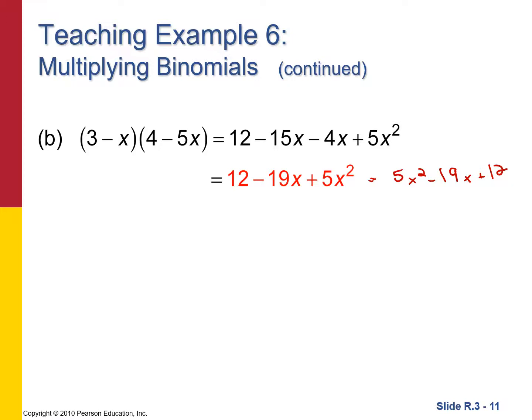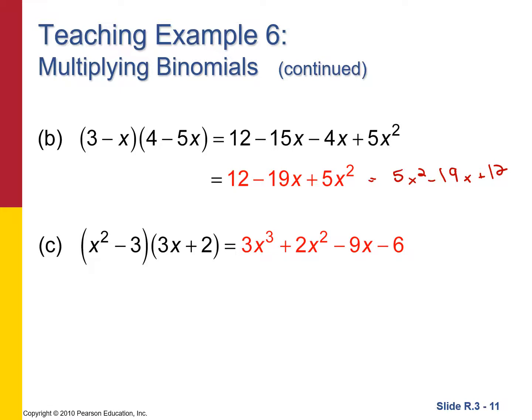All right, so let's take a look at the last problem. And so here's the answer, but I'm just going to go through. So again, first, notice now this one is x squared. It's not just x, right? So it's x squared times 3x. So again, you can multiply any unlike terms, but you cannot add and subtract unlike terms.